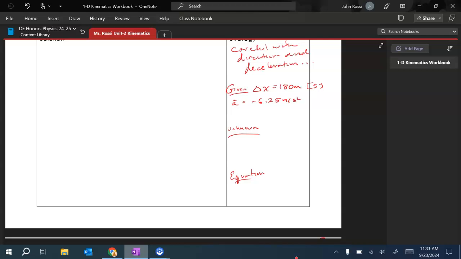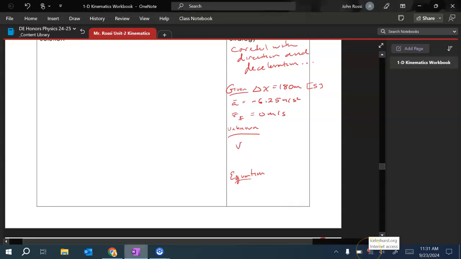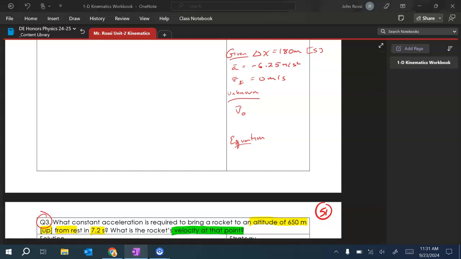We've got an initial velocity that we don't know, but we have a final velocity because it comes to a stop: 0 meters per second. Our unknown then is our initial velocity. There's one equation that has final velocity, initial velocity, acceleration, and displacement all in it.